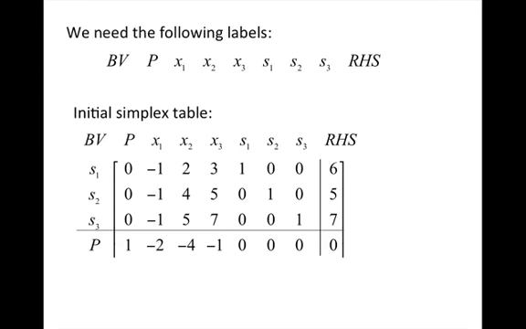Row 3 is 0, -1, 5, 7, 0, 0, 1, and that equals 7. And then my fourth and final row is 1, -2, -4, -1, 0, 0, 0, because it didn't have any slack variables, and that always equals 0.